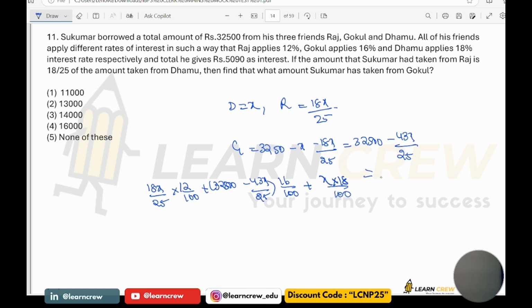The total interest is 5090. If you simplify this, the value of x you are going to get is 12,500. So the amount taken from Gokul would be 32,500 minus 43 into 12,500 divided by 25, which is nothing but 11,000. That is the answer. Clear?